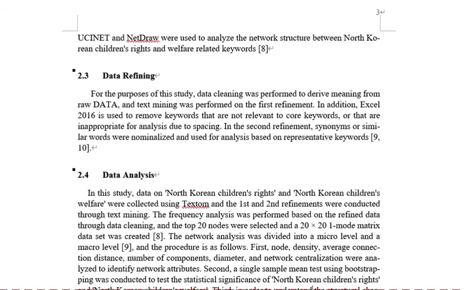Fourth, data analysis. In this study, data on North Korean children's rights and North Korean children's welfare were collected using Textom, and the first and second refinements were conducted through text mining.